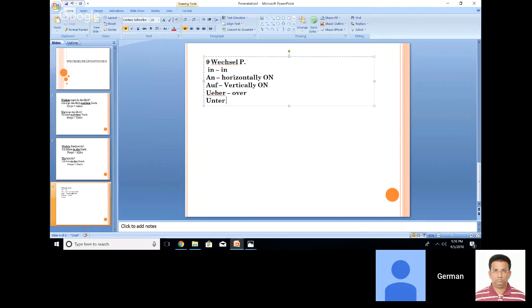Unter is under something. Vor is in front of, like in the example we learned, the man was in front of the car.